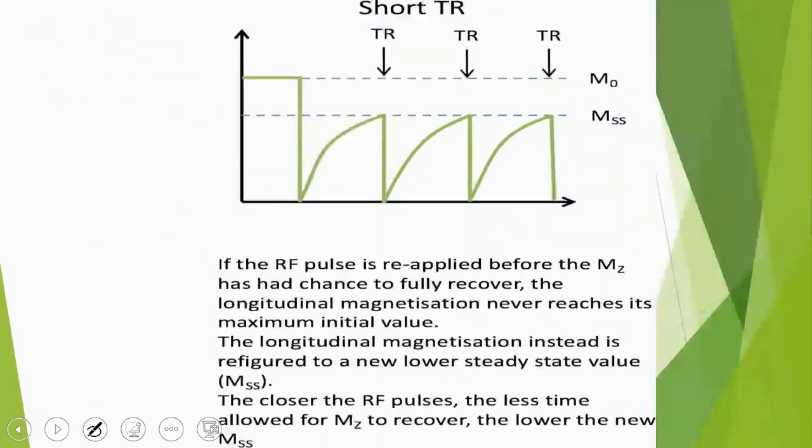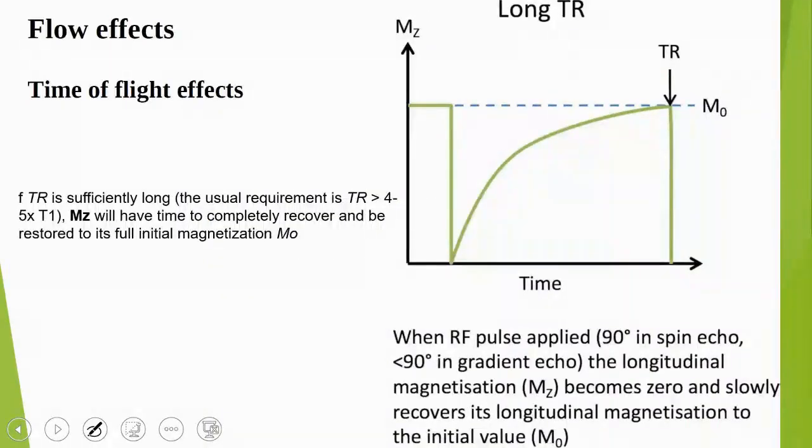When you give your RF pulse, what happens is recovery after 90. If you are using a long TR like spin echo, for example, it achieves full recovery and returns to the baseline or close to its value. But if your TR is slightly short, like in a gradient echo, will the signal return to full recovery or not?